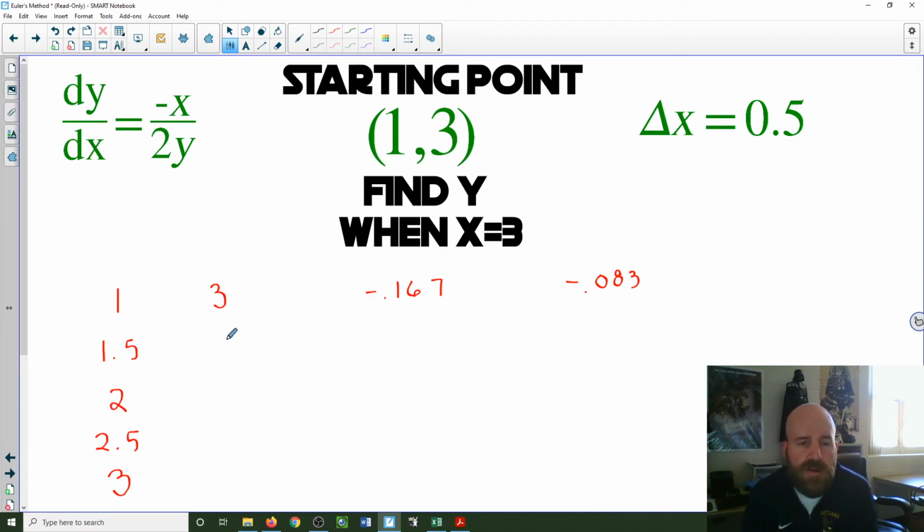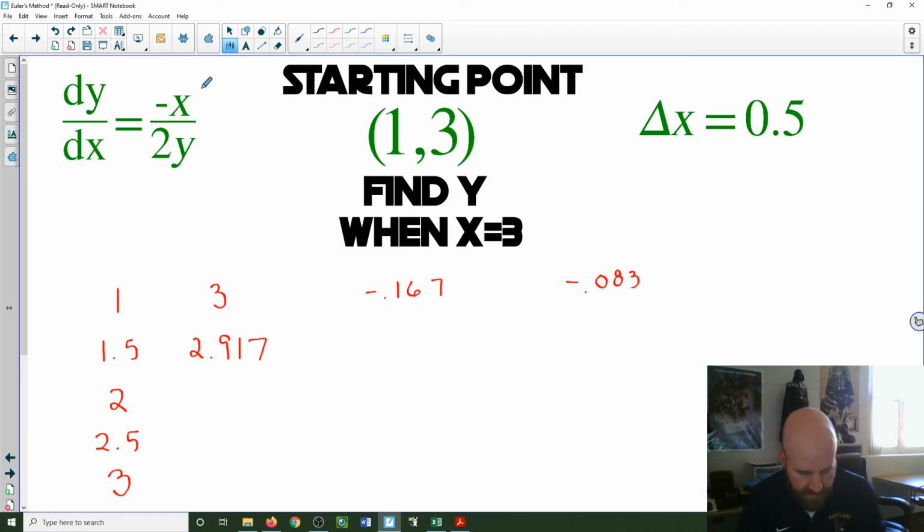So a couple more calculations here. So go ahead and add on the change in y to our 3. So we have a negative slope, so we're going down to 2.917.